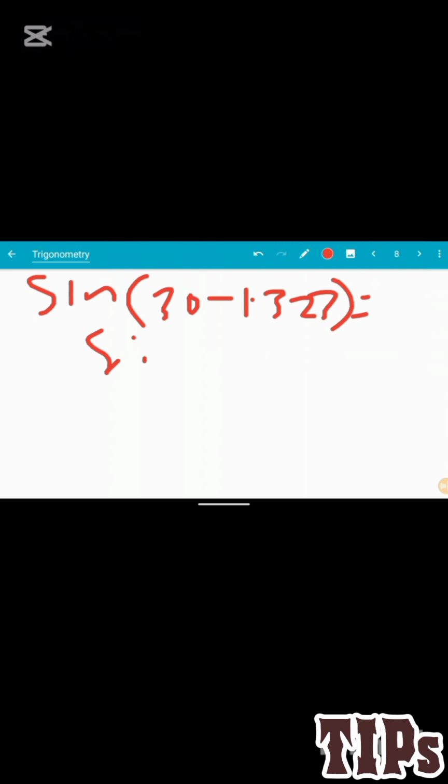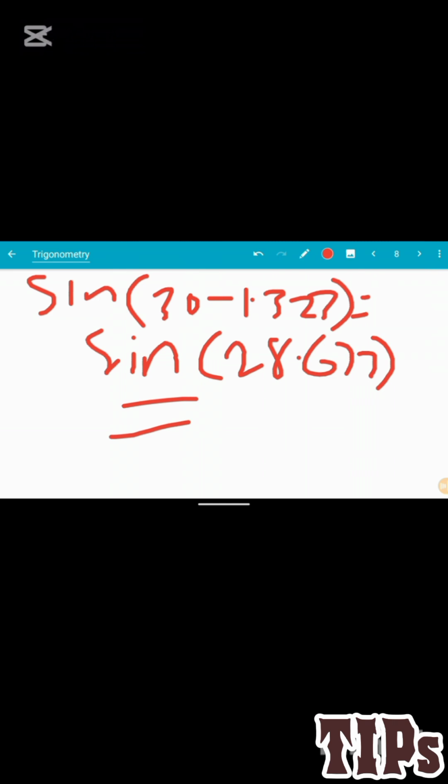Sine 28.677, and our answer is approximately 0.48. So this is the usefulness of a small angle.